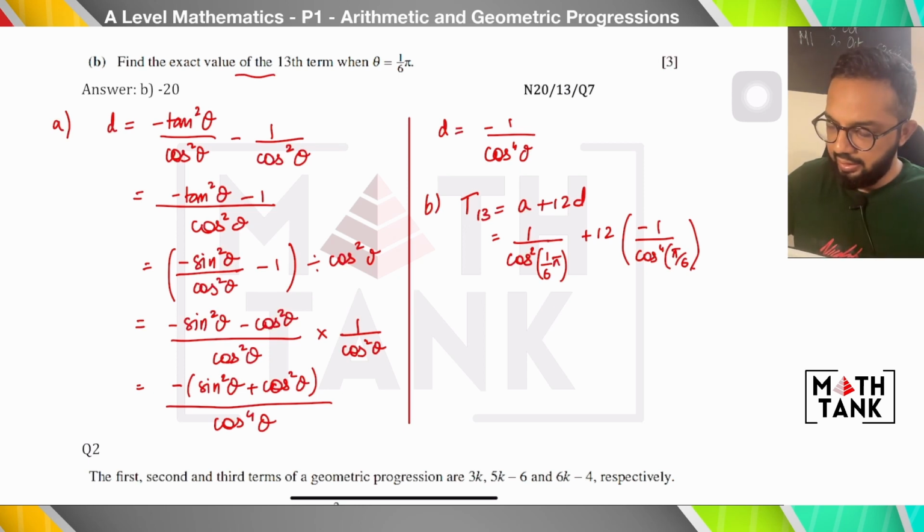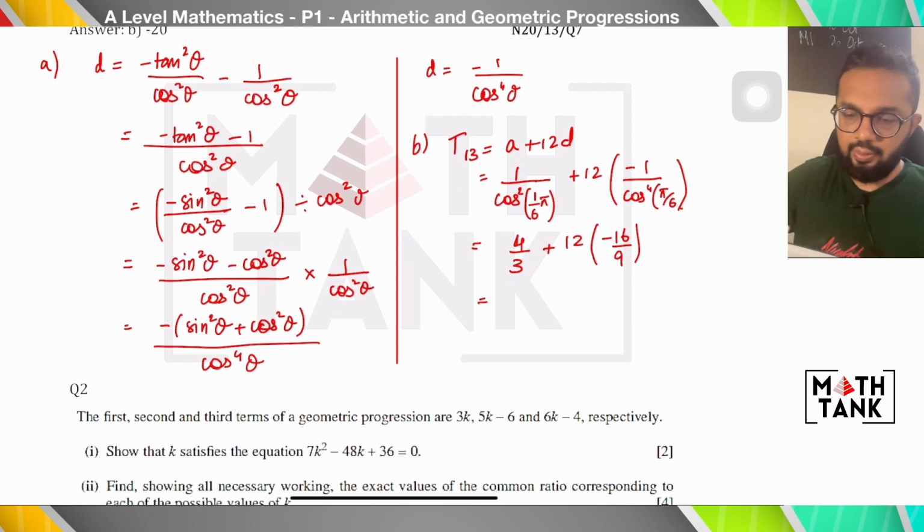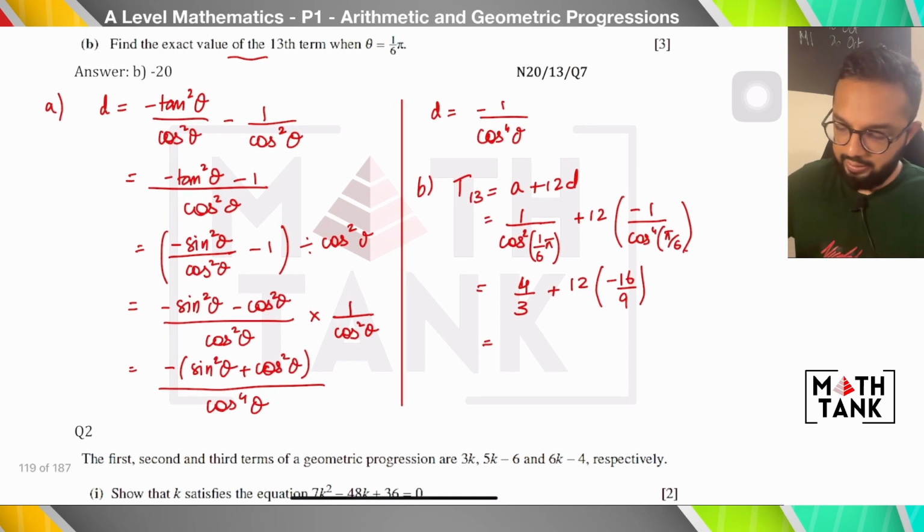So this comes out as 1 over 4 over 3, because I've already done 1 over this, and power 4 gives me 16 over 9. So plus 12 into minus 16 over 9. That should give me 4 over 3 plus 12 into minus 16 over 9. That gives me minus 20. That's the correct answer.